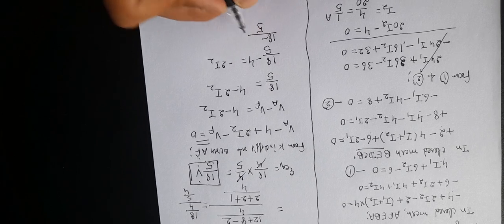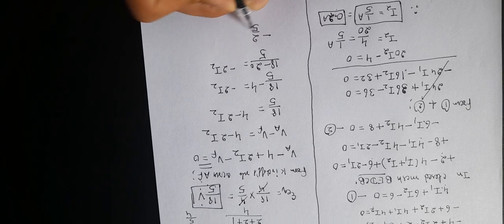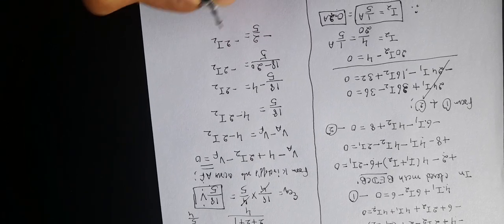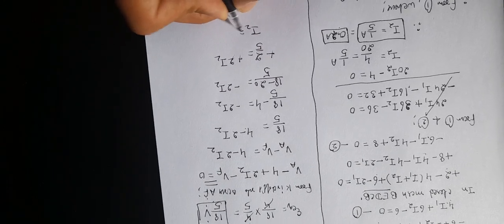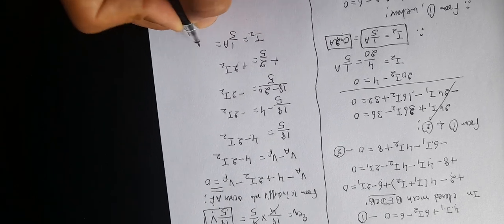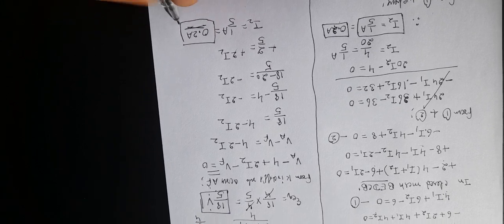Take LCM. 18 minus 20 is equal to minus 2I2. That is minus 2 upon 5 equal to minus 2I2. Minus minus cancel and 2 cuts with 2. I2 turns out to be 1 upon 5 ampere, which is equal to 0.2 ampere. Which is again what we have found out, I2 is 0.2 ampere.